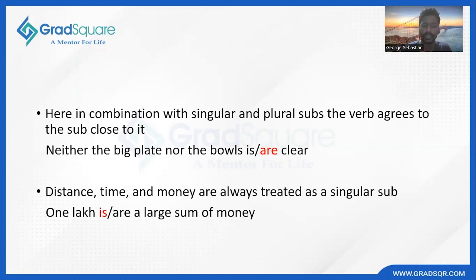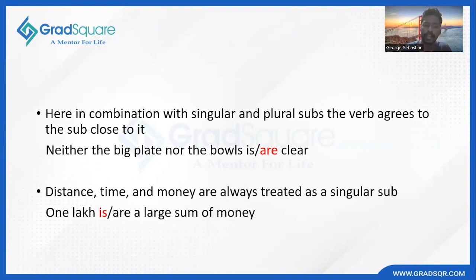So we have two subjects here, which are big plate and bowls. This is a combination of a singular subject and a plural subject. As per the rule, the verb agrees with the subject closer to it, which is bowls. Bowls is in plural form, so we have to use the plural form of the verb. So it becomes, neither the big plate nor the bowls are clear.